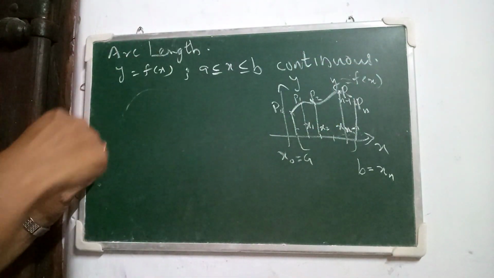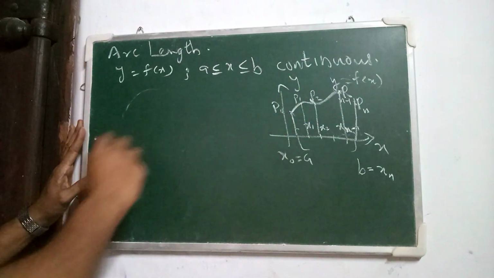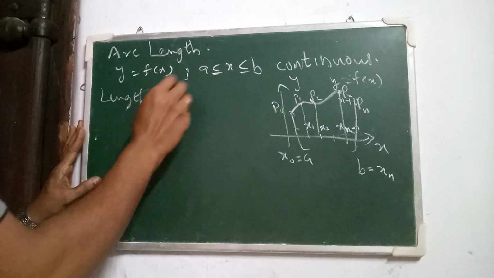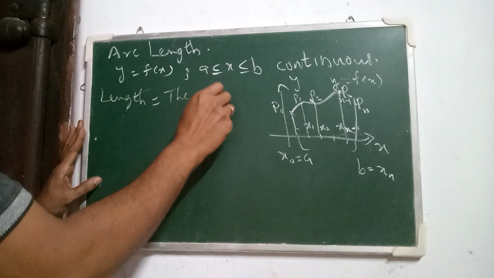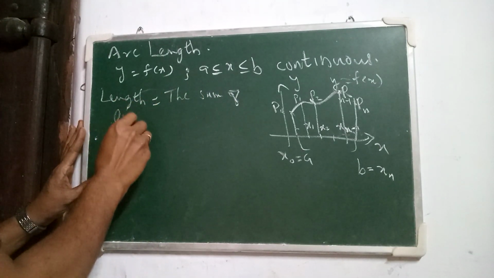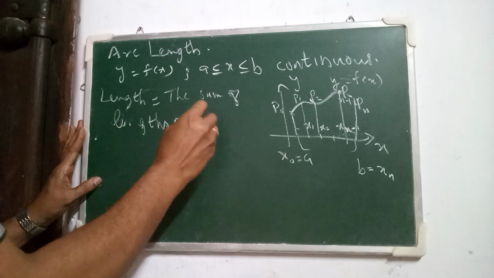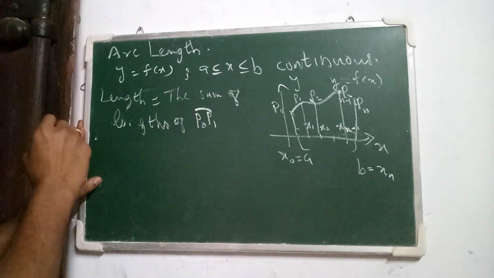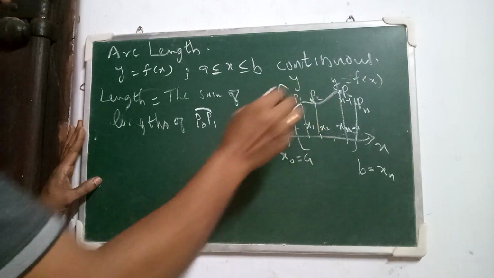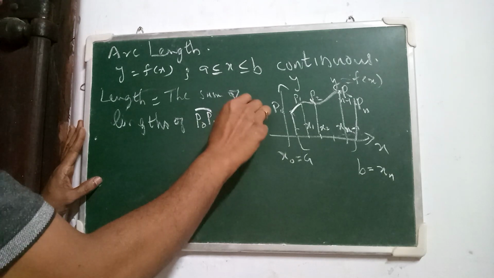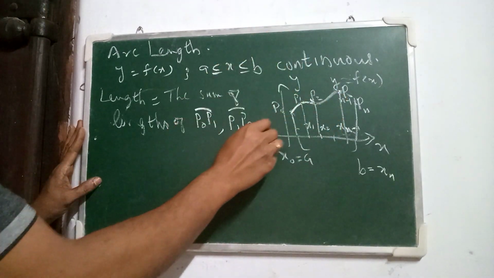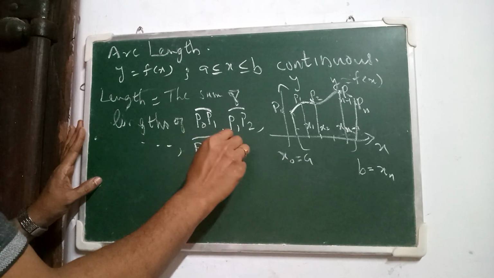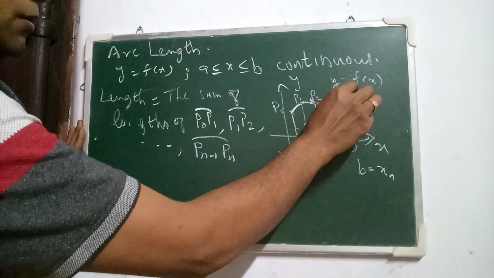Now I want to compute the length of this curve. So length is equal to the sum of lengths of arc P0 P1, namely this thing, arc P1 P2, it is this thing, etc., arc Pn minus 1 Pn, namely this thing.